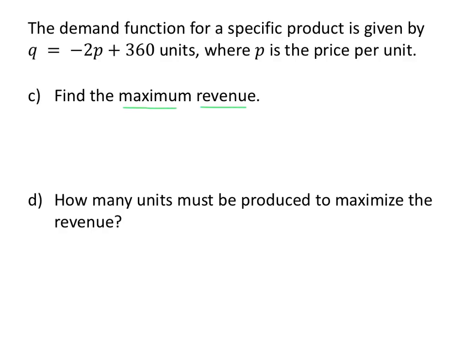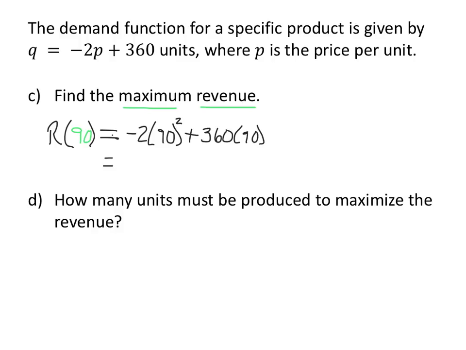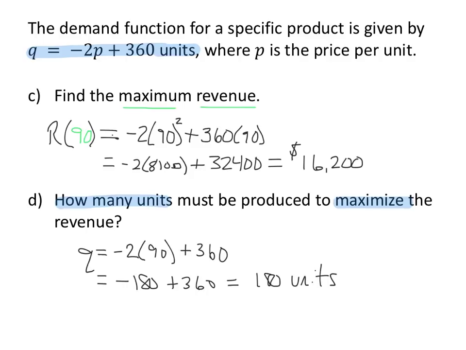We want to find the maximum revenue. So the maximum revenue is put the 90 that we found in the equation for revenue that we found also in part A. So that's negative 2 times 90 squared plus 360 times 90, which is negative 2 times 8100 plus 32,400, which equals 16,200.